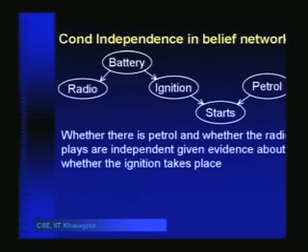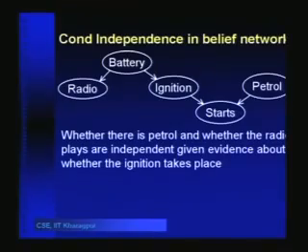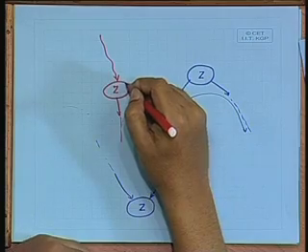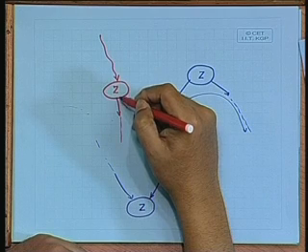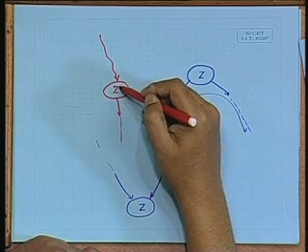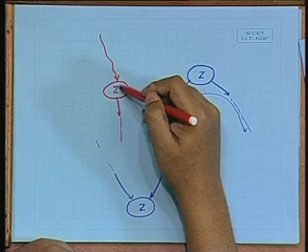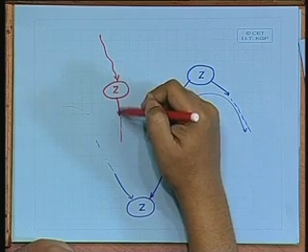Formally, the node ignition, which is part of the evidence, will d-separate the radio and the petrol. So the path from radio to petrol is d-separated by ignition. Out of these cases it is this one, because the node Z is in E, this is the node ignition, and we have one arrow coming into it, one arrow going out of it.